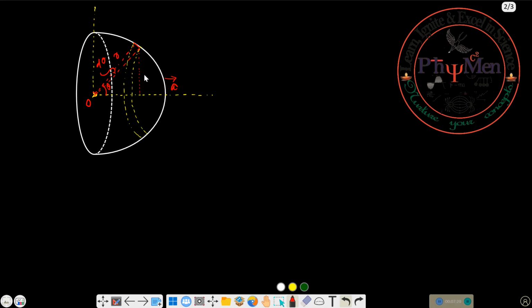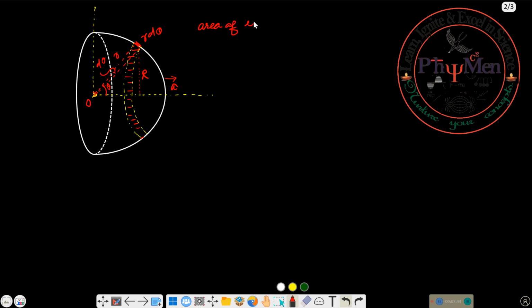Now let this be r. Then this portion will be r d theta, and this is your elemental ring. Now for this elemental ring, what is the area of the elemental ring?